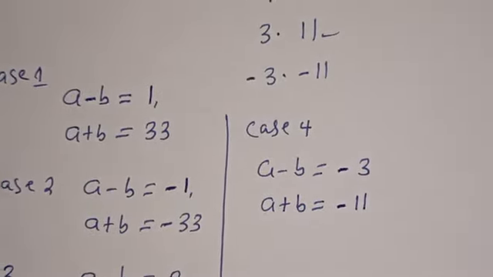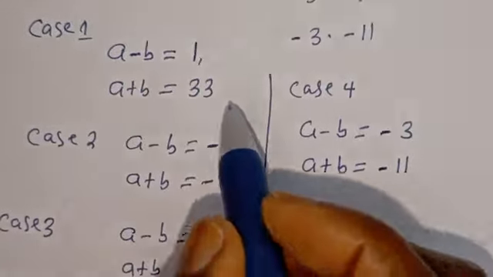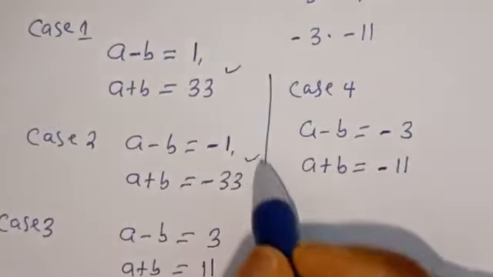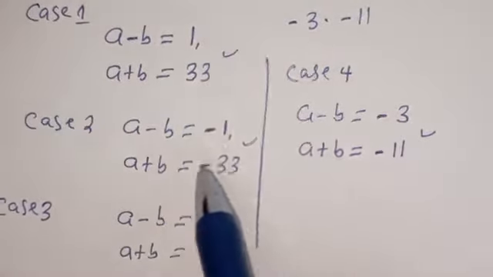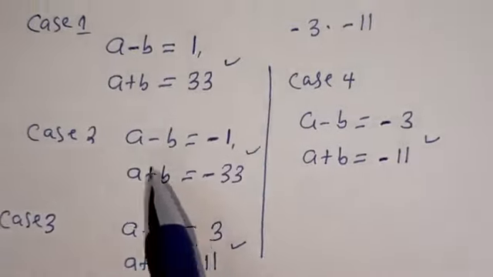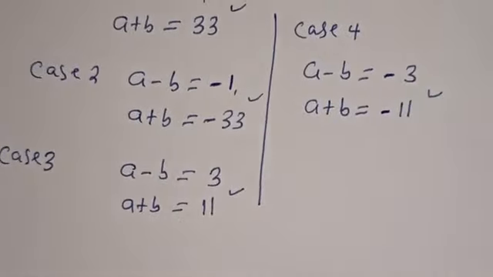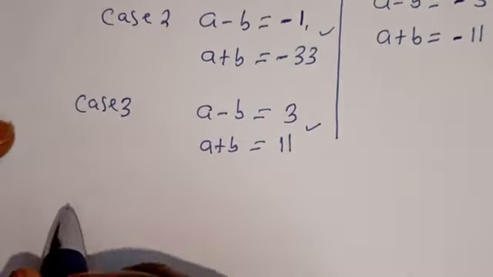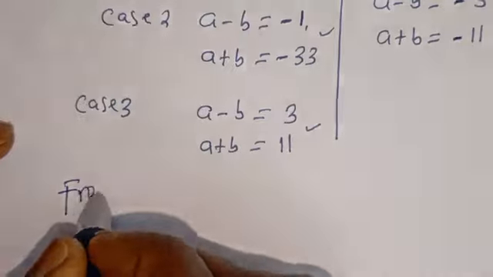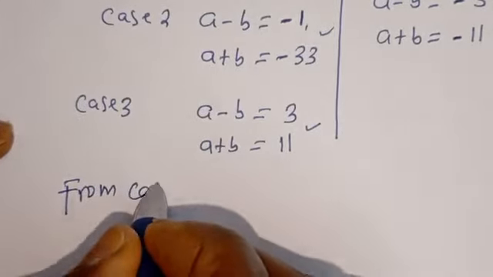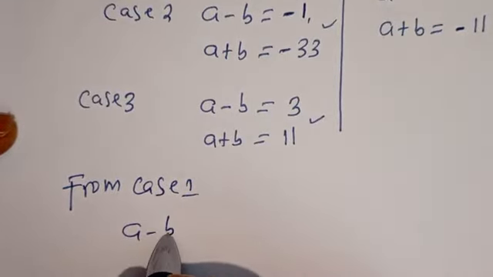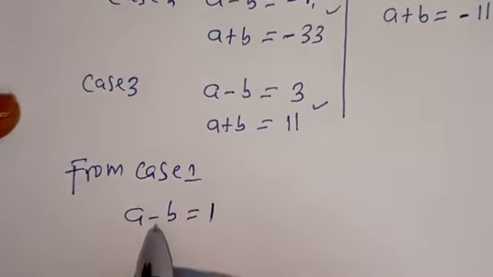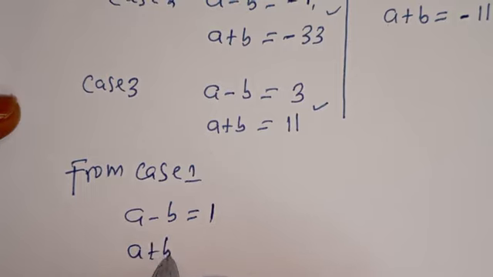Now we can solve this. These are simultaneous equations, starting from the first case, second case, third case, and the fourth case. We can solve all of these equations using the elimination method. Let's consider the first case. From case 1, we have a minus b equal to 1, then a plus b is equal to 33.